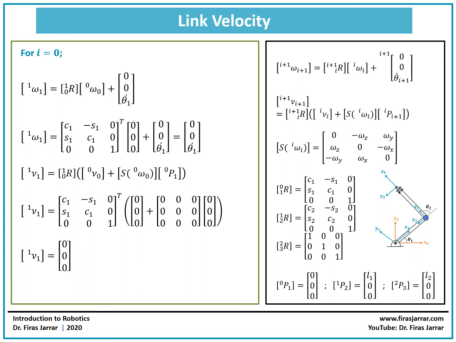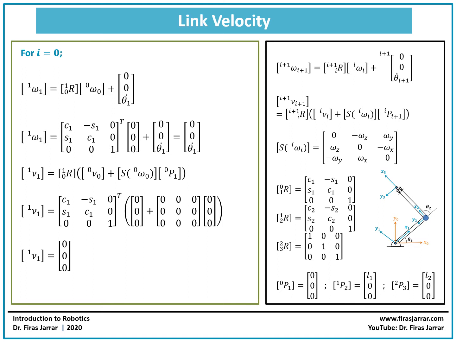Then omega 1, which is the angular velocity of link 1, is simply going to be equal to this vector, which represents a rotation about the z-axis by an angular velocity of theta 1 dot, which makes sense. So link 1 will be only affected by the joint rate of joint 1. Now we're going to look at the second formula, the one for the linear velocity here.